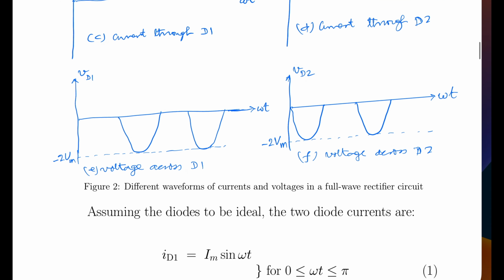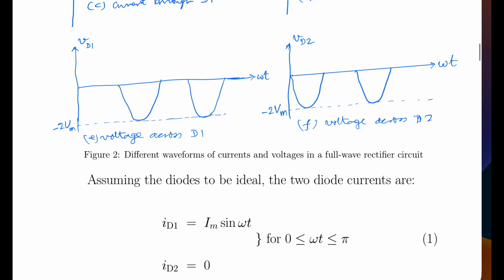In figure 2e, we have shown the voltage across diode D1. Okay? When diode D1 is not conducting, when D1 is cut off, the potential across it is simply minus 2 Vm. Why 2 Vm?